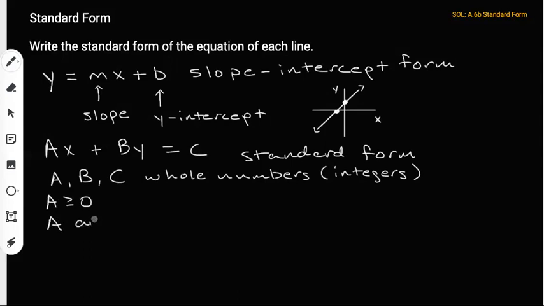And we have the added stipulation that A and B can't both be 0. In that case, I would have 0 plus 0 is equal to C, so C would have to be 0 at that point. But what we're going to do is start off with slope-intercept form, and we're going to end up in standard form.